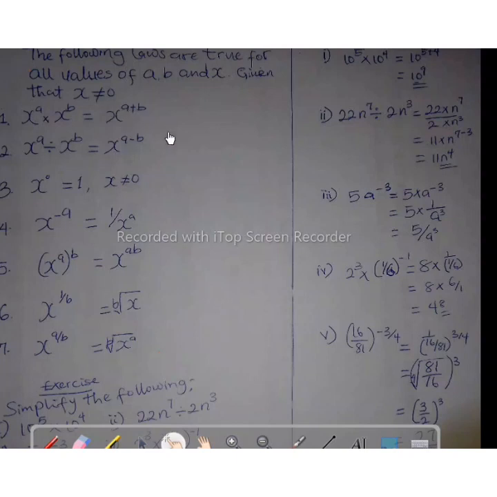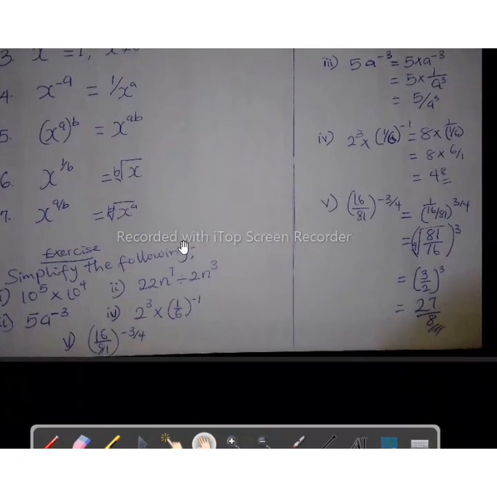So you can have x raised to power a plus b. The example where this is applicable is the solution to exercise Roman figure 1. We have 10 raised to power 5 multiplied by 10 raised to power 4.